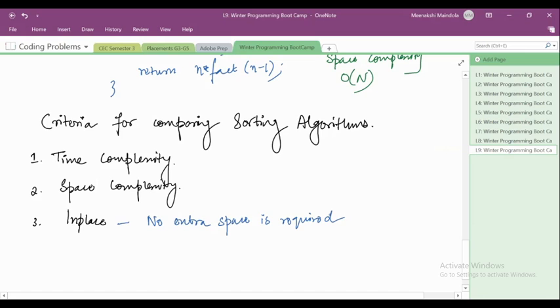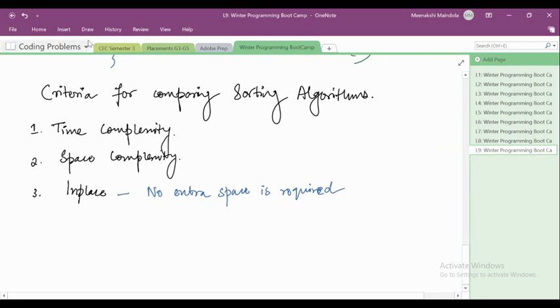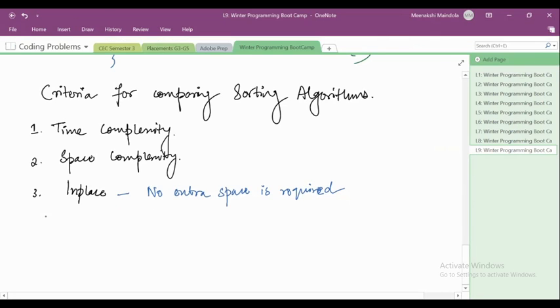Similarly, if your sorting algorithm does not require any extra space, which means that the space complexity is order of 1, that means this sorting algorithm is going to be an in place sorting algorithm. Let us move ahead and talk about another criterion, which is stability. Is the sorting algorithm stable or not? What does stability mean?